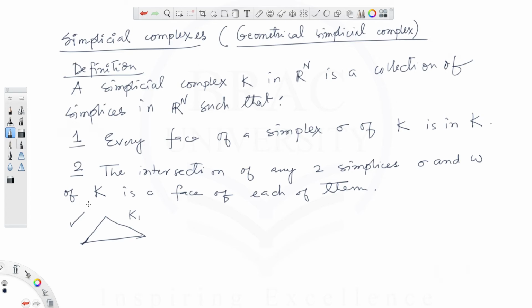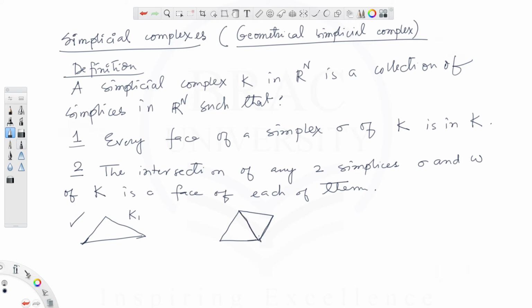Now this is an example of a simplicial complex which has two simplices, and the two simplices intersect at a face, and that intersection is a face of both simplices.